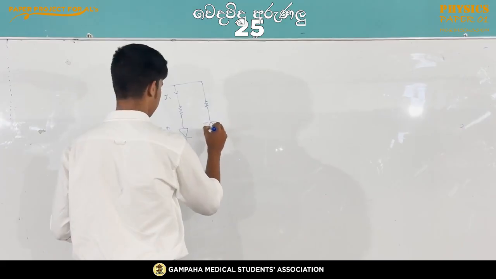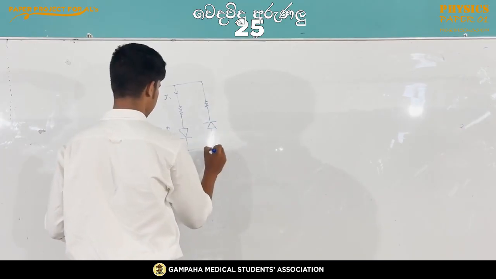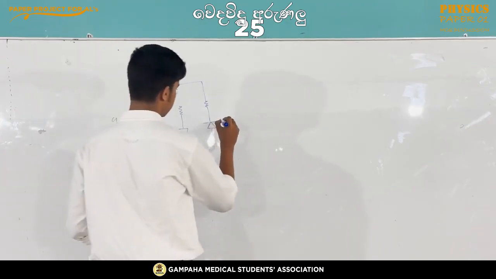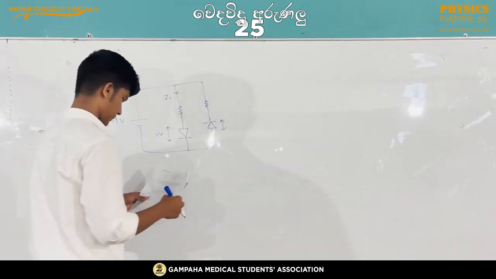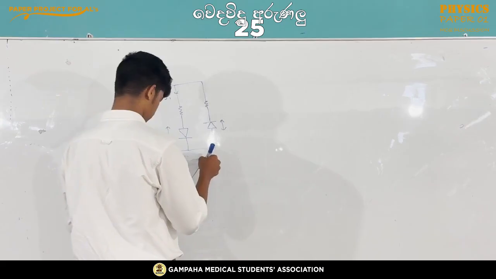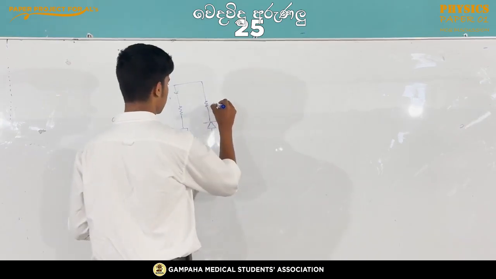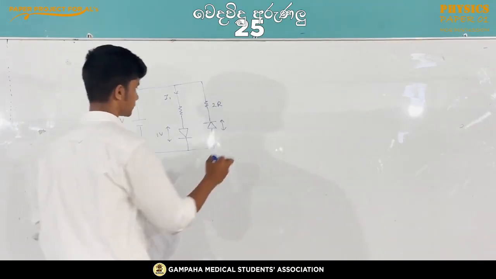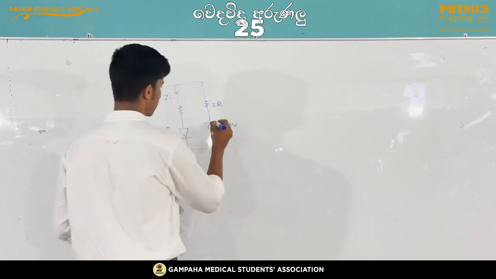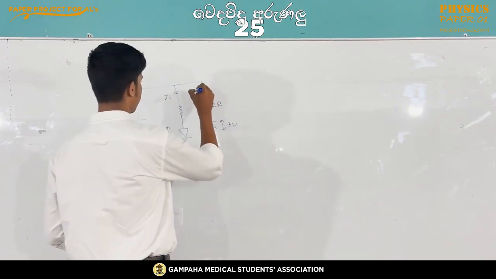Here the diode is reverse biased. So since this has undergone a breakdown, there should be a breakdown voltage of 3 volts across this diode and a current of I2.